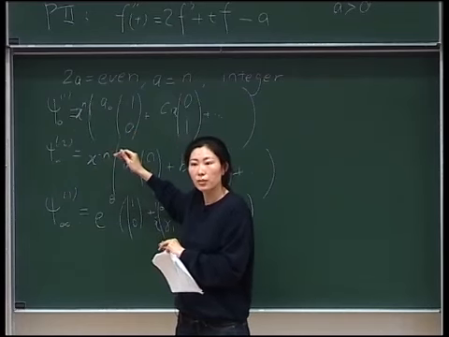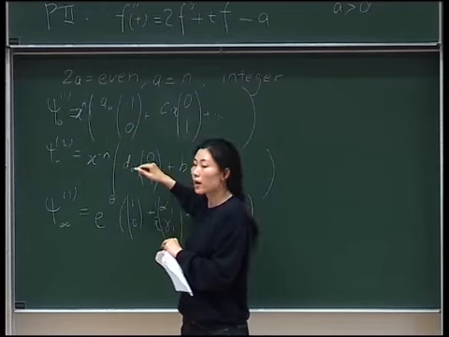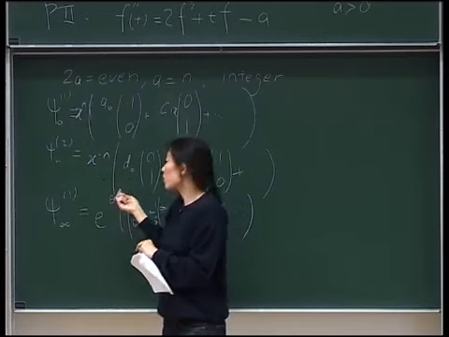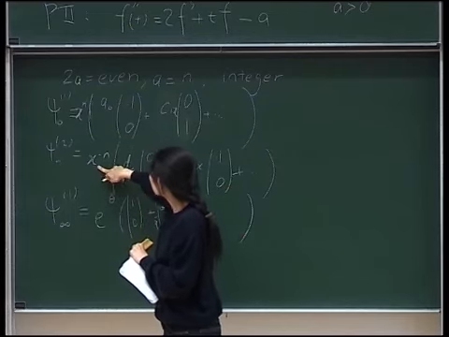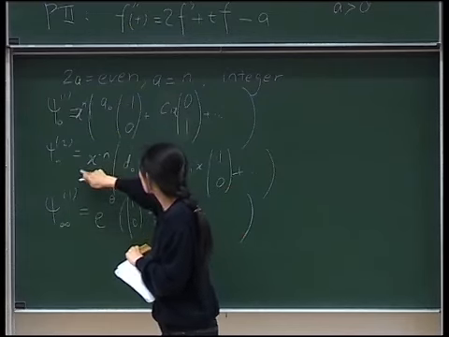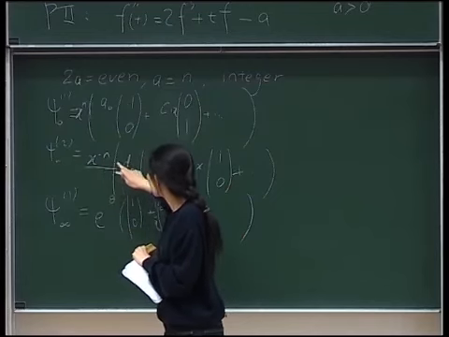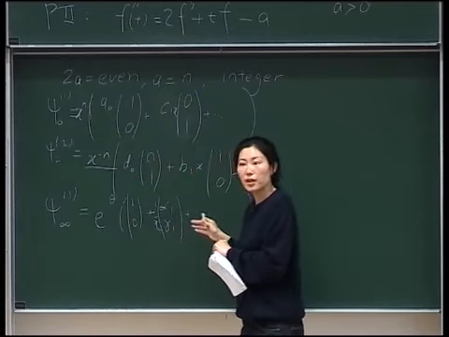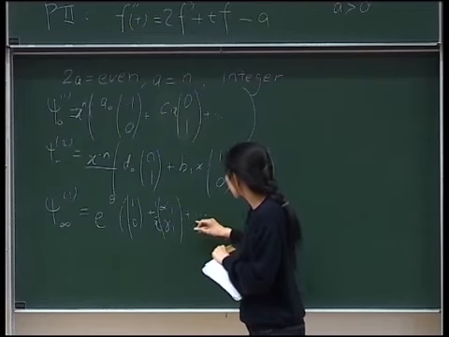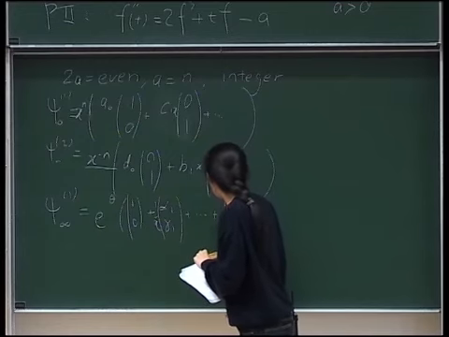Therefore, the asymptotic leading behavior should agree at the same point. So as x tends to 0, the leading behavior of this solution is x to the minus n, which means this should have the same leading behavior. Therefore, this series summation should truncate at n.